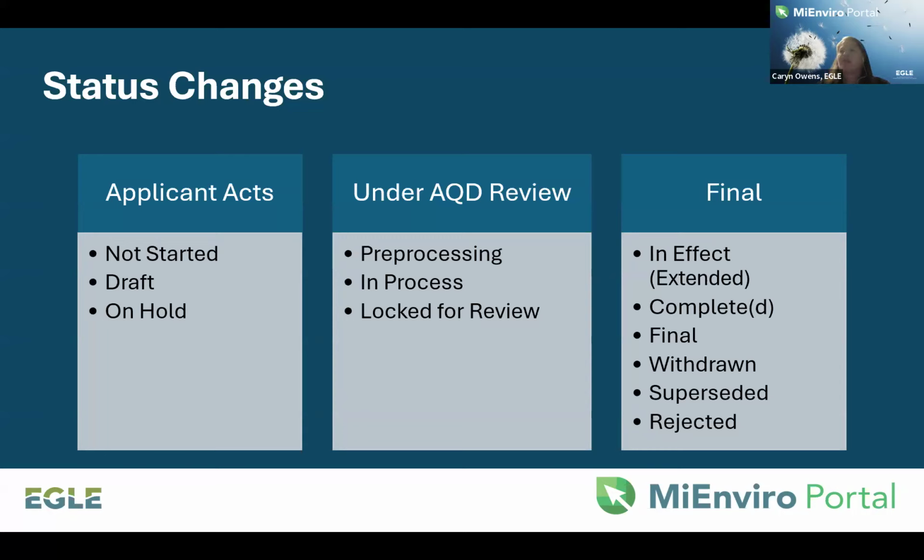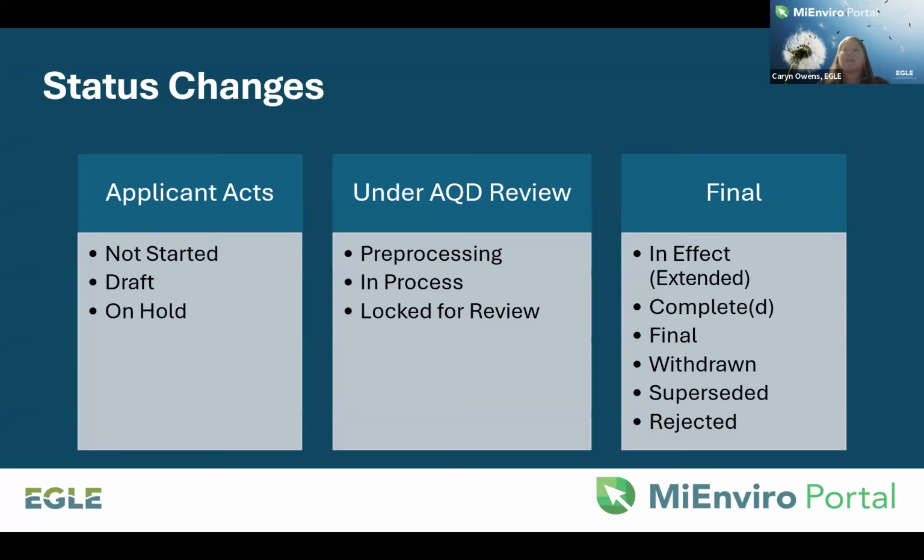So once the Air Quality Division receives the submission, you will see the submission in one of the statuses here in the middle. Pre-processing is just a temporary status if you see it at all. A lot of times it's just right after you hit submit, and then if you go back under the submissions, it hasn't quite made it into the in-process stage yet.